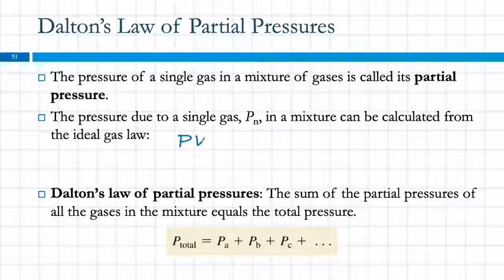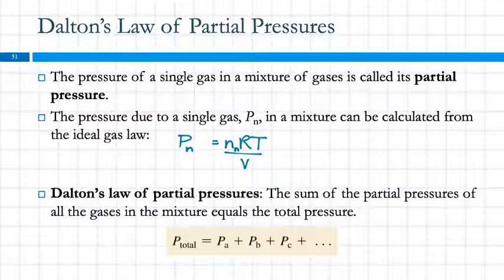So we have PV equals nRT. And then if we solve for pressure, divide by volume, volumes cancel out. And so we get the pressure of a gas is equal to the number of moles times R times T divided by V. So if we're looking at gas N in a mixture, it's the number of moles of N times the ideal gas constant times the temperature divided by the volume.